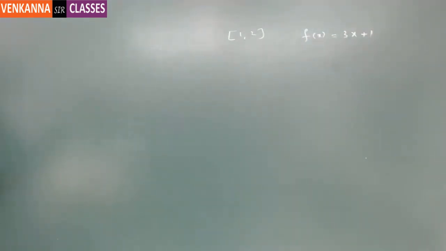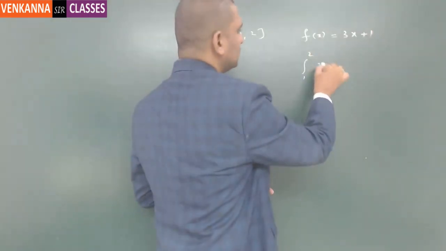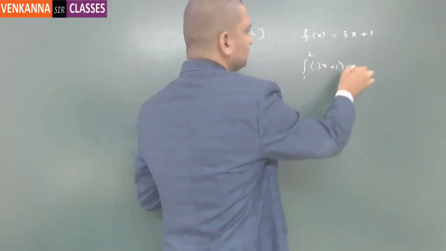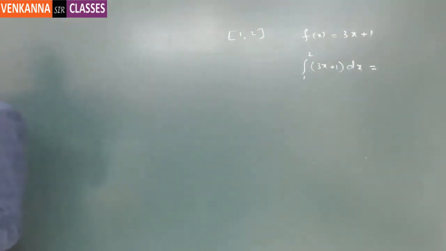Now if we do the regular integration procedure, say integral 1 to 2 of 3x plus 1 dx, can you give me the value after doing the integration as per the usual procedure? Please go for it.